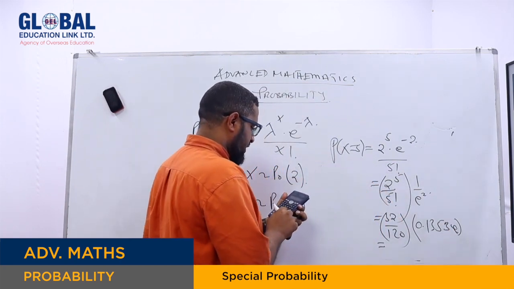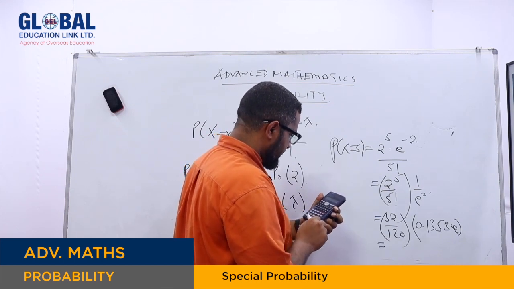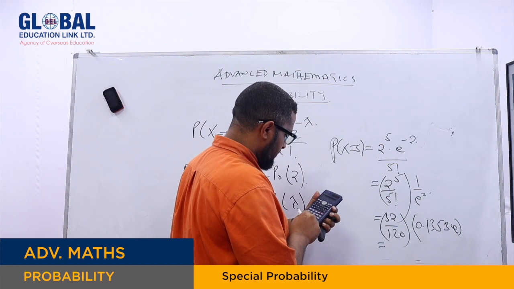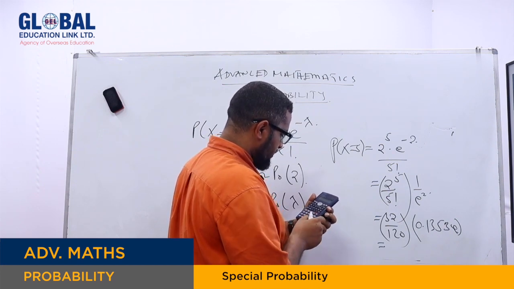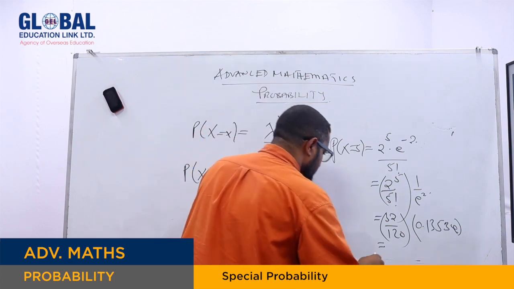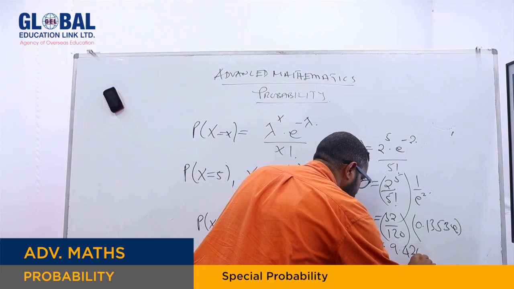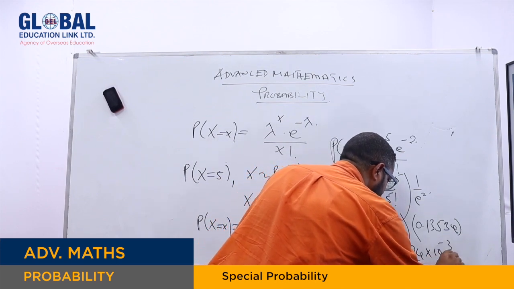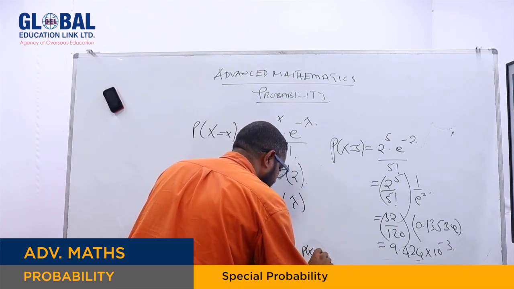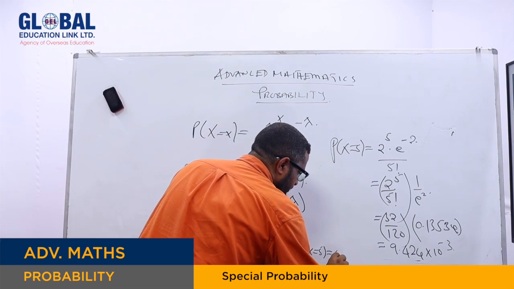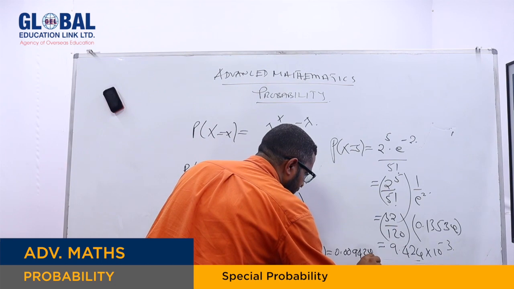Then let's simplify. 32 divided by 120 is 0.266 multiplied by 0.13534. So you'll get 9.424 times 10 to the power negative 3, which may simply be written as probability of x equal to 5 is 0.009424.